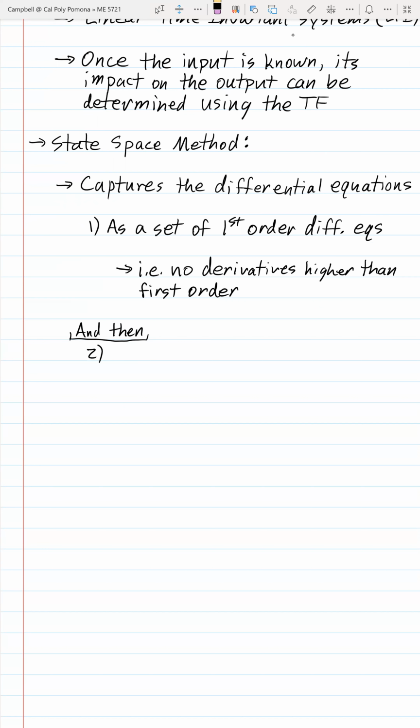And then two, we will capture them in a specific matrix form.